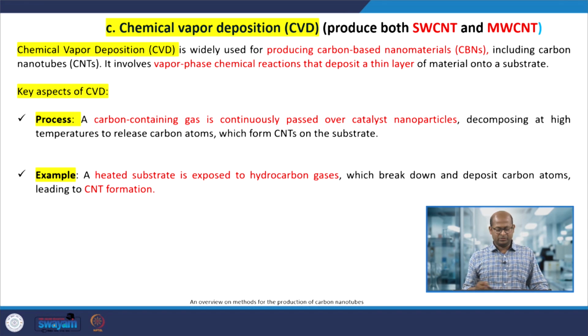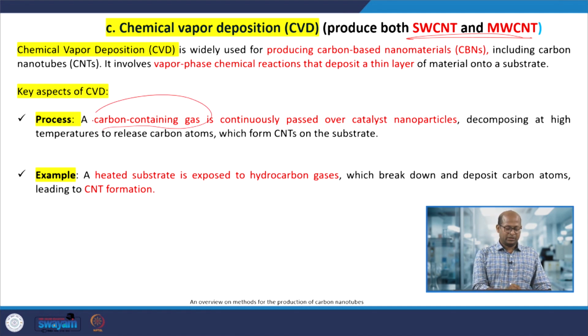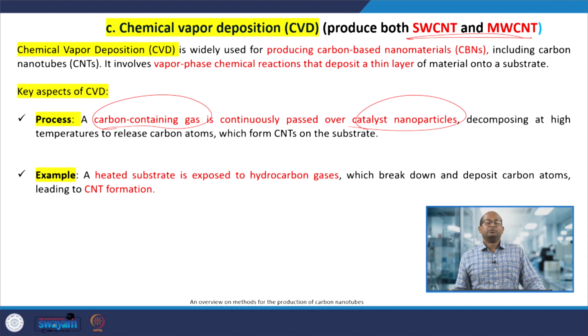Then the CVD method. This method we can also use for the preparation or synthesis of single-wall nanotubes and carbon nanotubes. In this method we have to pass a carbon-containing gas over the catalyst surface. The hydrocarbons passed over the catalyst surface are decomposed at high temperatures, and the carbon atoms form inside the CVD chamber. Then they deposit in the form of carbon nanotubes over the substrate.